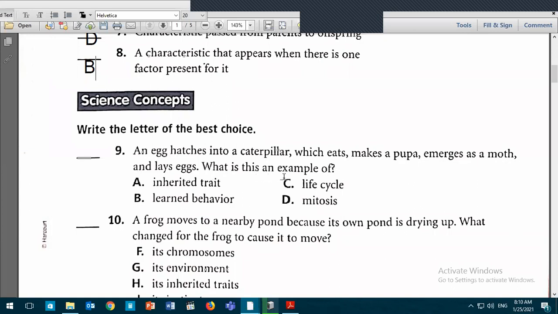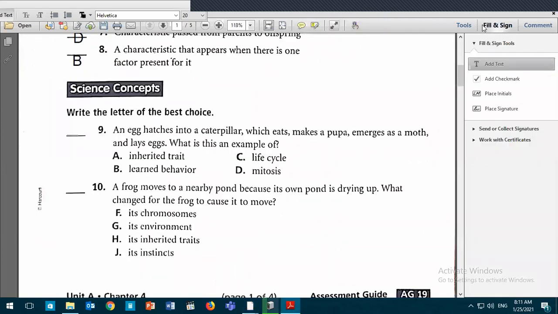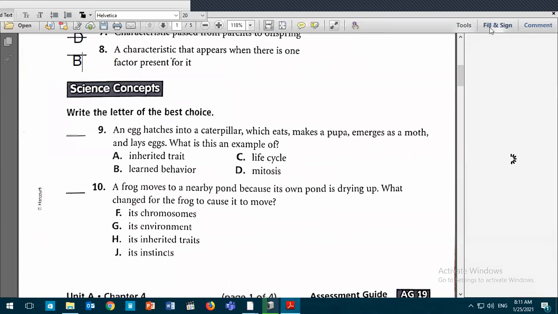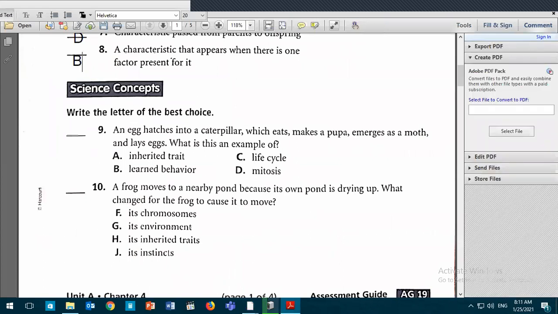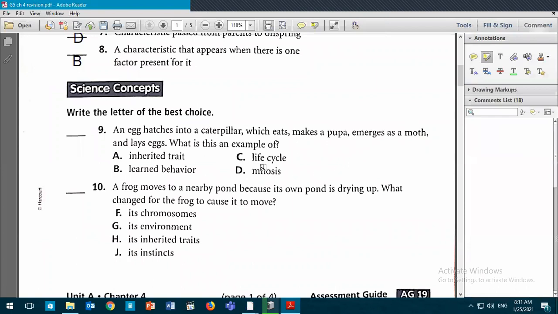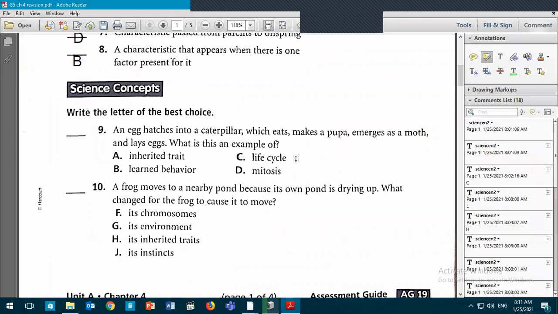What is this an example of? What are we talking about? An egg hatches and then becomes a caterpillar. Life cycle. Exactly. Yes, it's going to be a life cycle. Well done, sweetie. So it's going to be a life cycle.